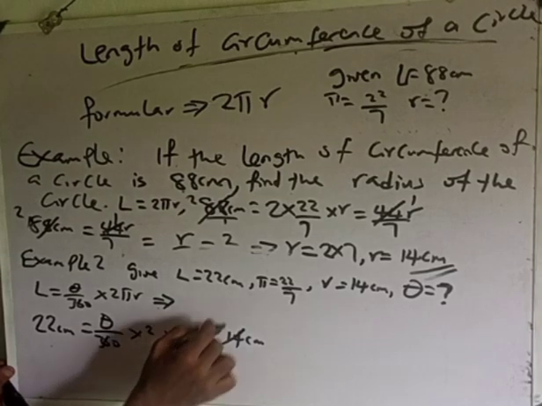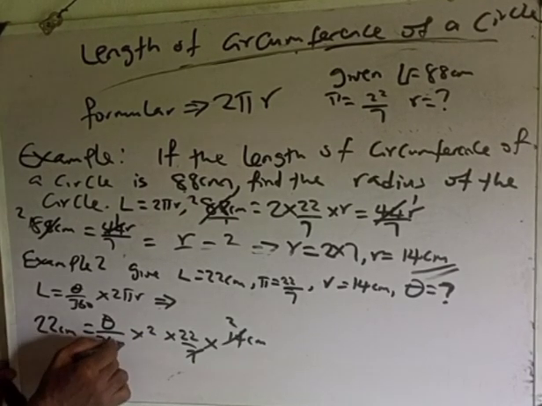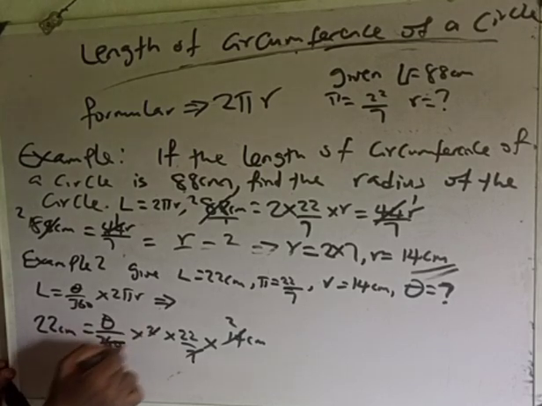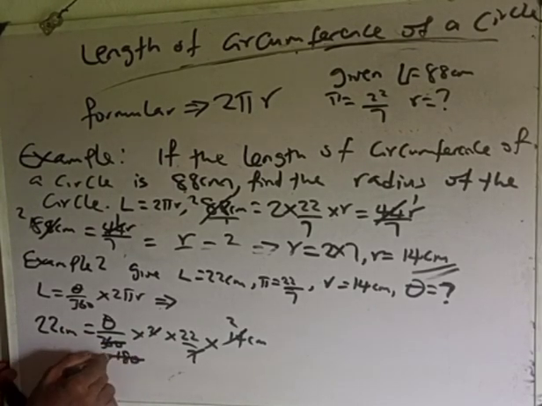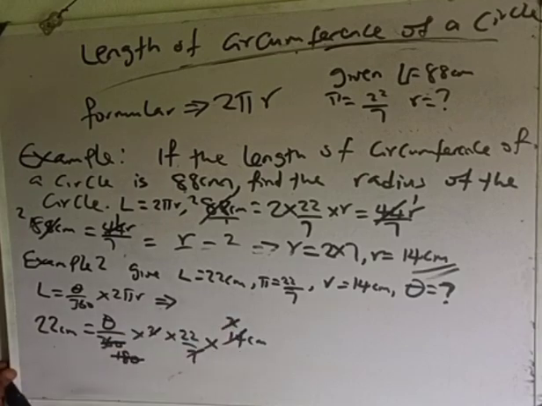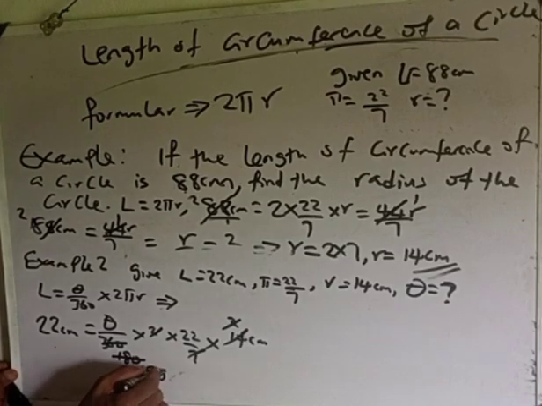So this can cancel this. We have 2 here, right? I can cancel this, and I have 180 here. I can also cancel this, and I will have 90 here, right? Yes, I can also cancel this, and I will have 45.